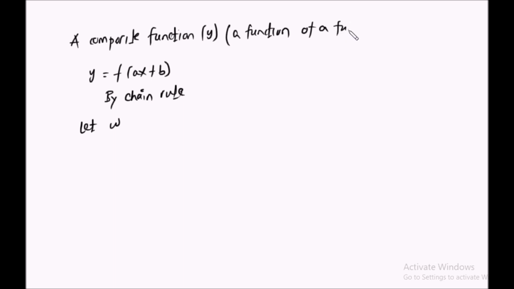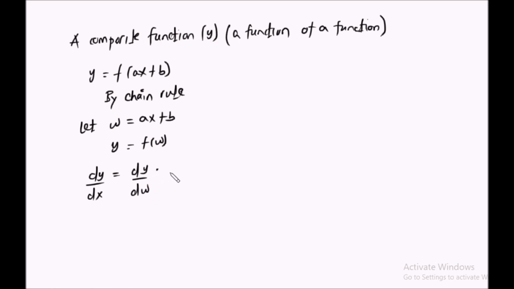I'm gonna let w sasa na ax plus b, maana yake y sasa itakuwa ni f of w. So dy dx tukasema by chain rule itakuwa sasa na dy dw times dw dx. Okay, so this was the chain rule.